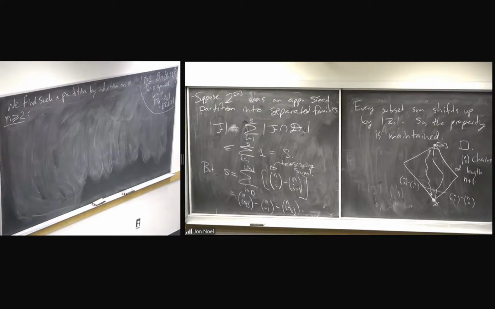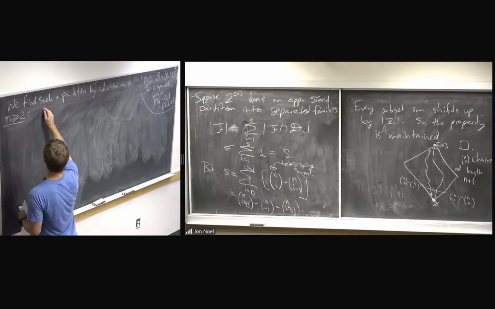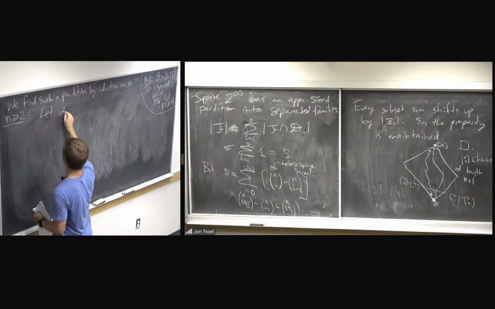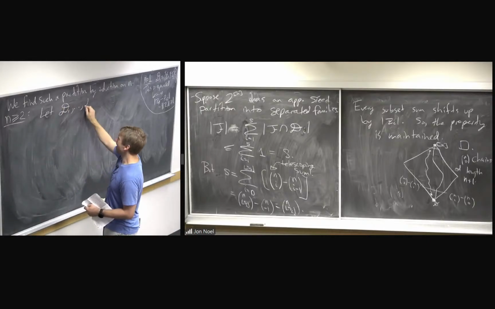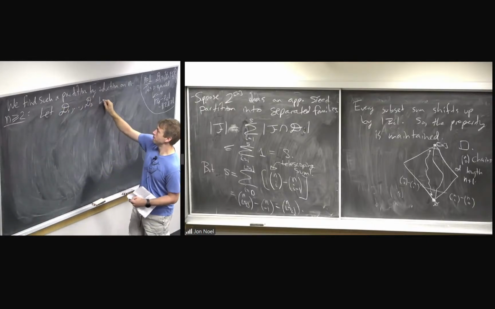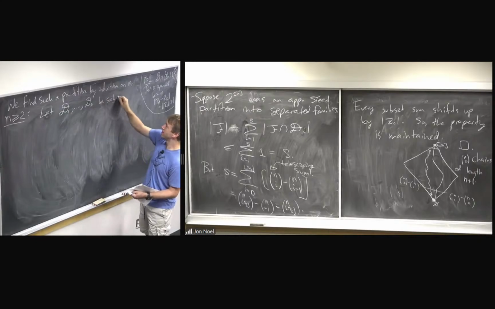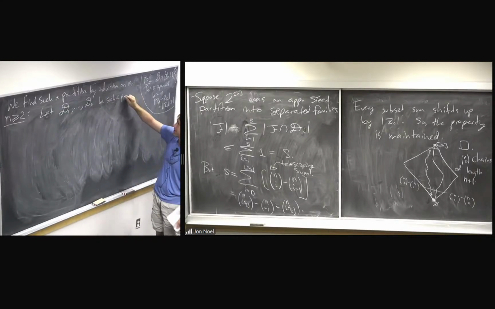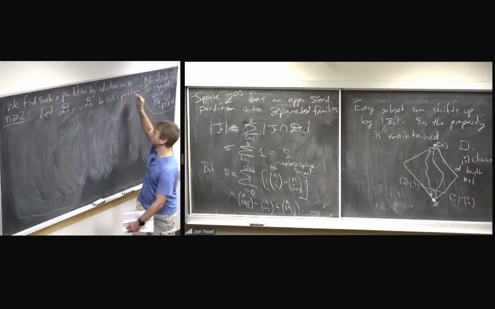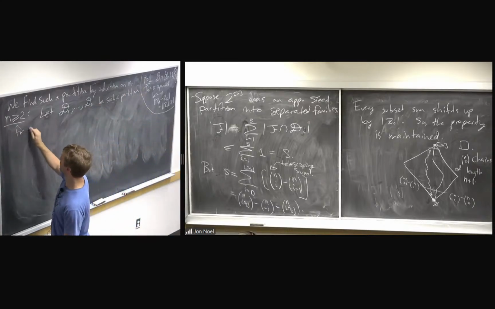So now we do n at least 2. Let's say D1 up to Ds be such a partition, separated families that are appropriately sized for 2 to the n minus 1.